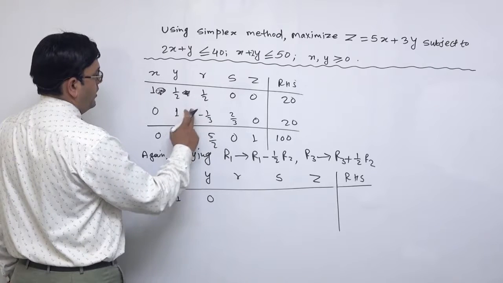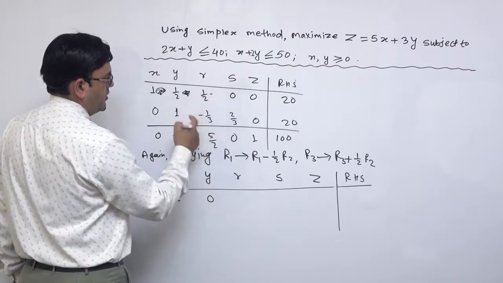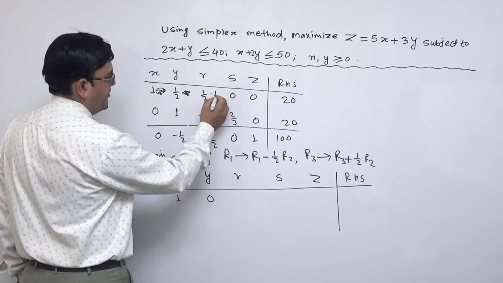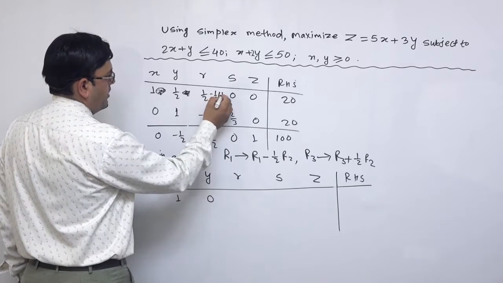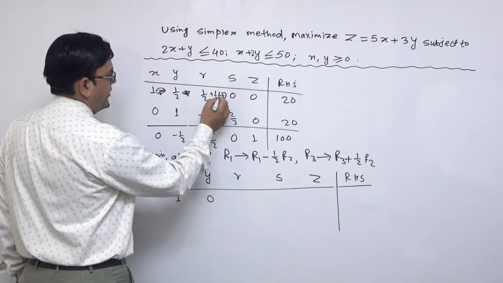Similarly, here we have 1/2 minus 1/2 times minus 1/3, so minus plus 1/6.